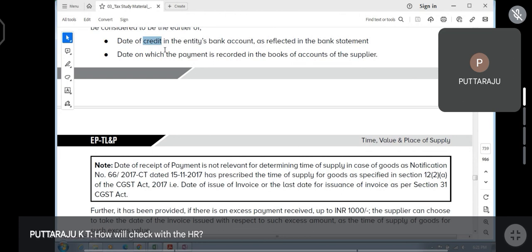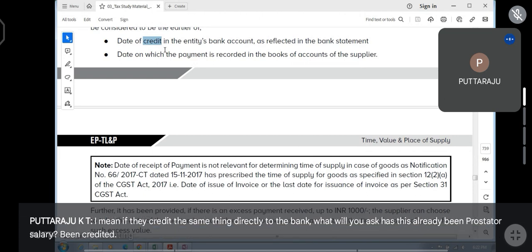You will ask whether the salary credit has happened. If they credit directly to the bank, what will you ask? Has the salary been processed or credited? Otherwise, you check your bank account whether it has credit. Credit means what? Deposit. That means receipt.